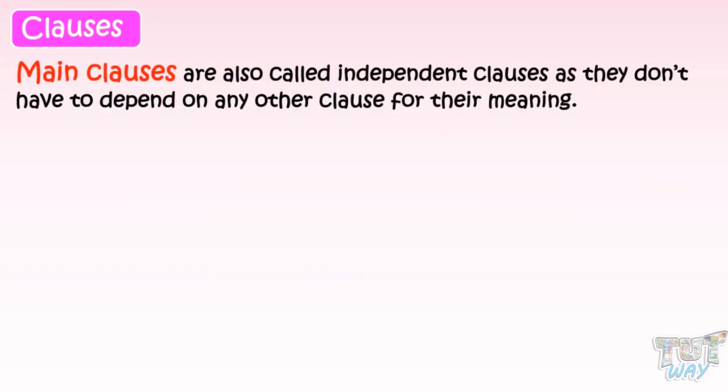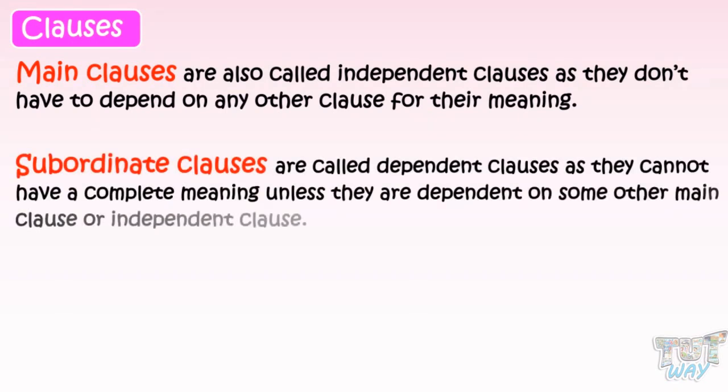So, main clauses are also called independent clauses as they don't have to depend on any other clause for their meaning. And subordinate clauses are called dependent clauses as they cannot have a complete meaning unless they are dependent on some other main clause or independent clause.